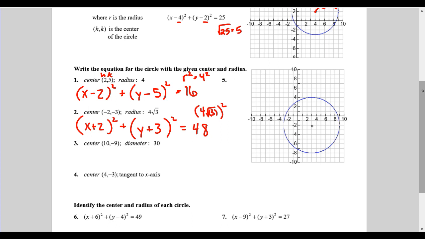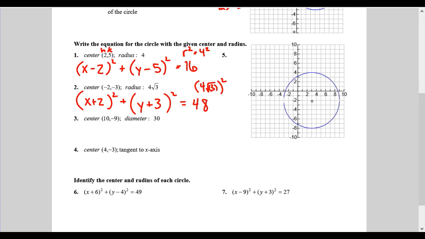Alright, let's take a look at number 3. Again, I would use this setup every time. It gets rid of making mistakes with negatives. So what's going with my x? 10, so x minus 10. What's going with the y? Negative 9, so y now becomes plus 9. And then r, now look, what do they give us here? They give us the diameter, right? I don't want the diameter, I want the radius.